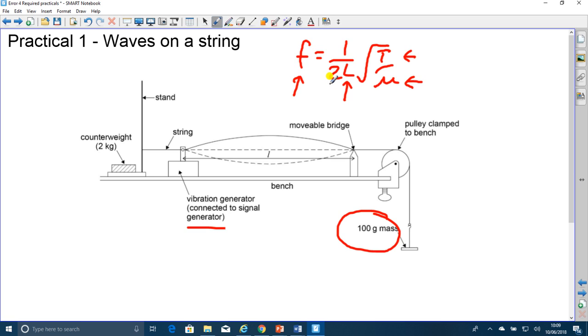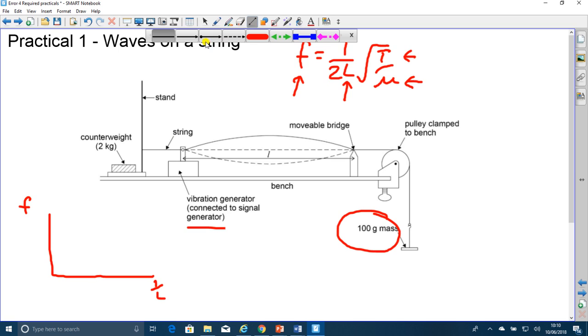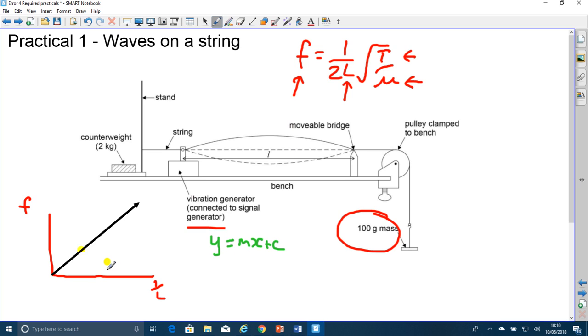Now, with all of these experiments where a graph is drawn, this one's a very straightforward one, because if we think about the graph of this, if we did F against 1 over L, which is really straightforward, we would have got a straight line through the origin, and if you think about y equaling mx plus c, then we can see that the y-axis is f, so f equals m is obviously the gradient times by x.